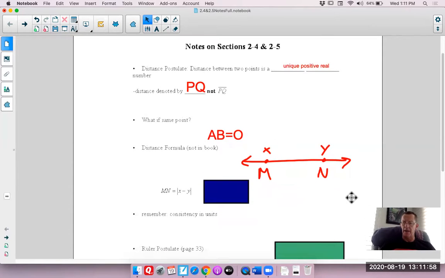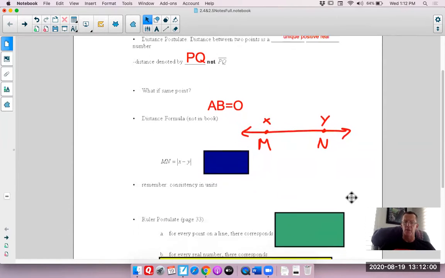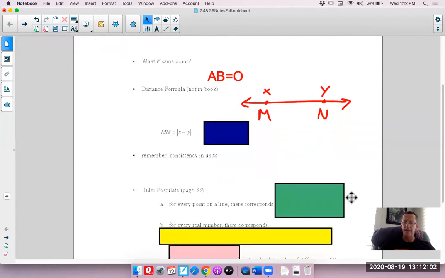This next part I don't think is in the book. It's the distance formula. It's basically saying that if we have points M and N that have coordinates, meaning the number that's associated with them on a number line, X and Y, then the distance MN is the absolute value of X minus Y. Okay?